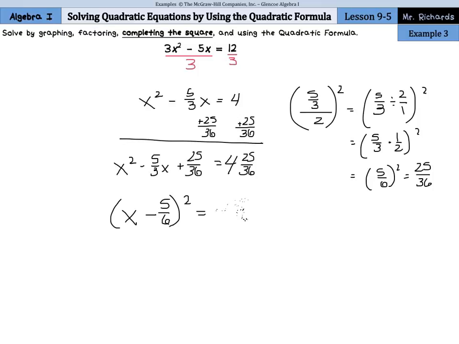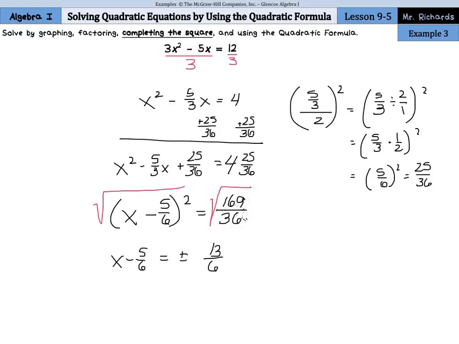That improper fraction is 169/36. So now when I take the square root of both sides, I'm left with x minus 5/6 equals, and the neat thing about taking the square root of fractions is you can take the square root of the top and the square root of the bottom. So this is going to be plus or minus 13/6.